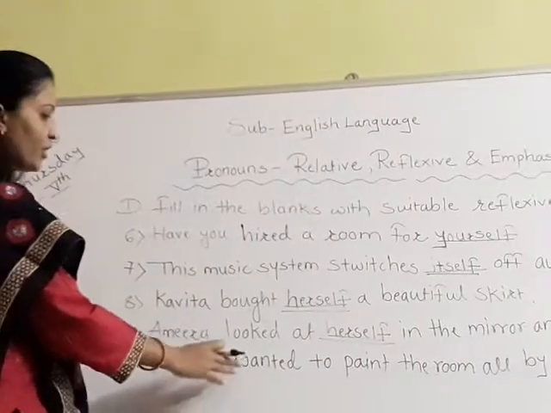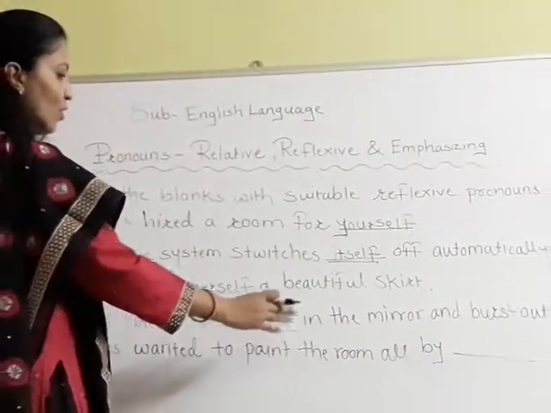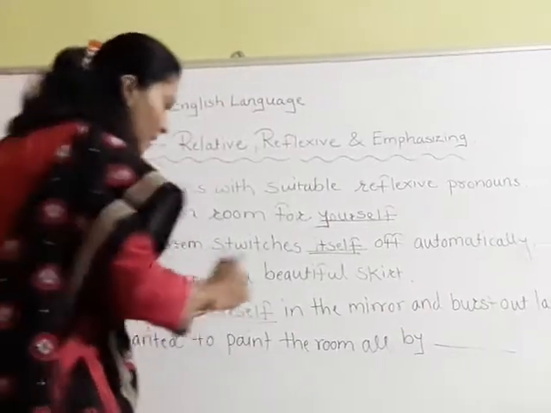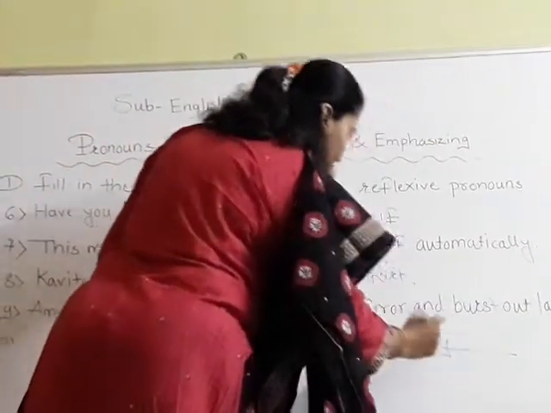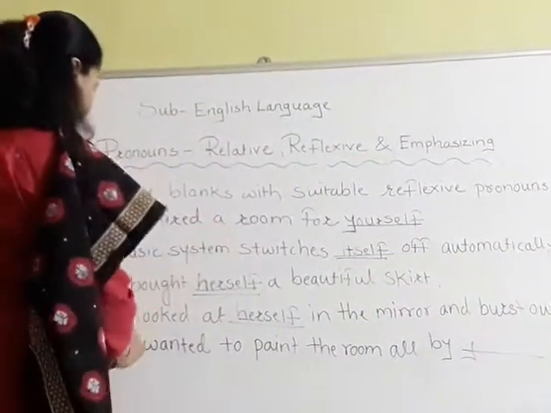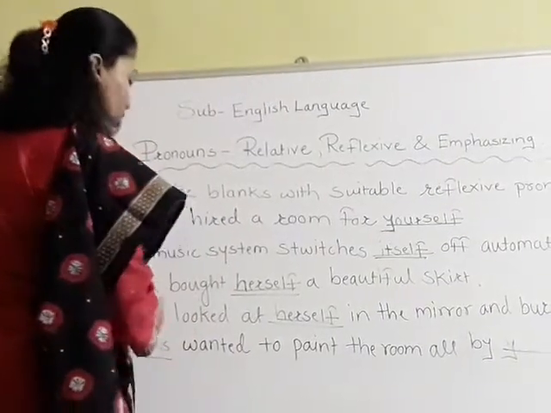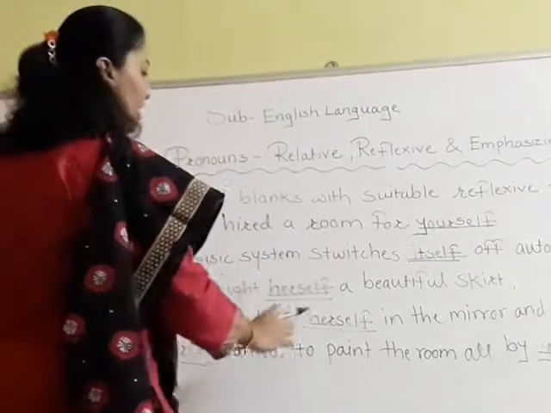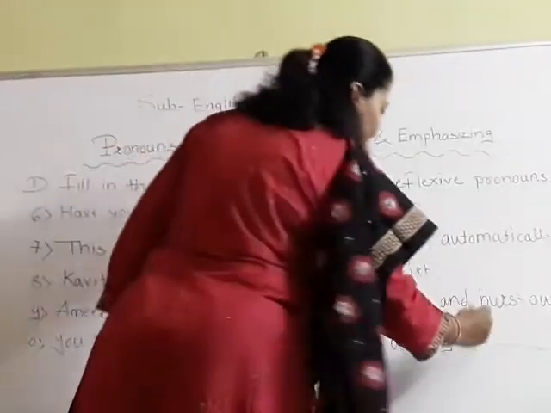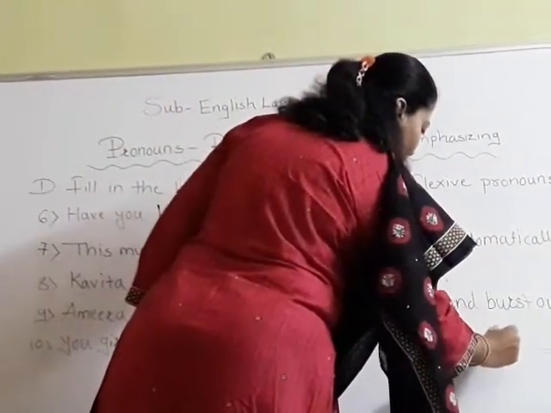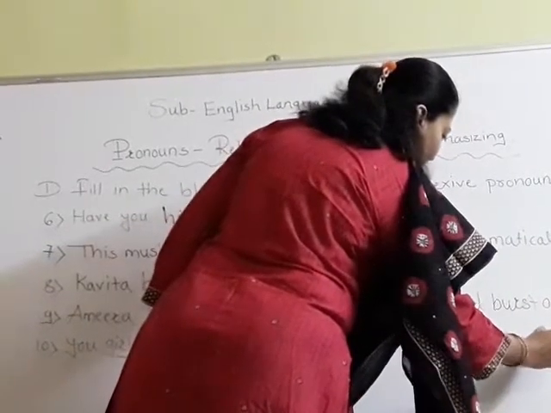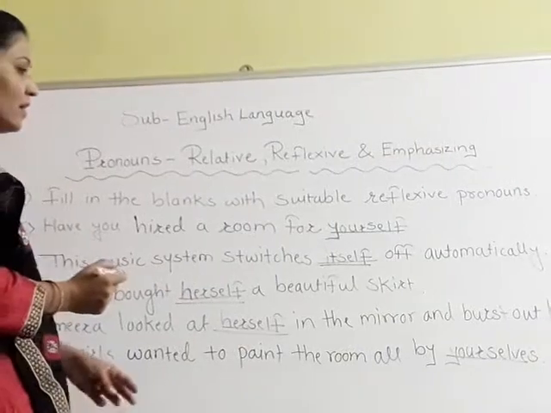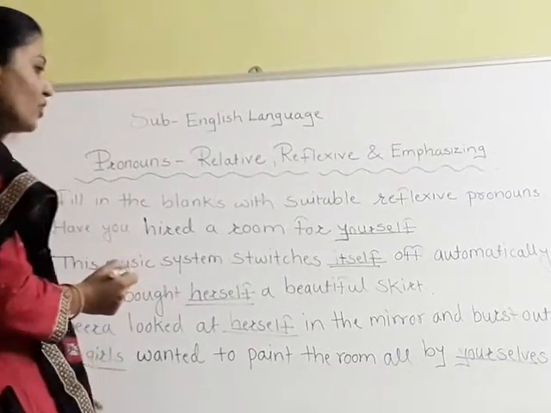You girls wanted to paint the room all by, what will be the answer? Yourselves. You girls, so here we are using plural. So many girls are there. So: you girls wanted to paint the room all by yourselves. S-E-L-V-E-S. So why have we written yourselves instead of yourself?